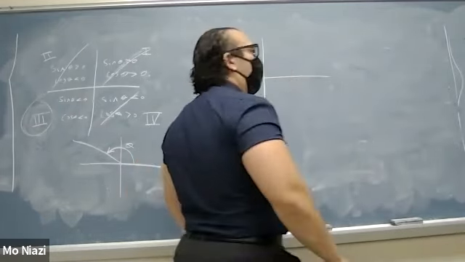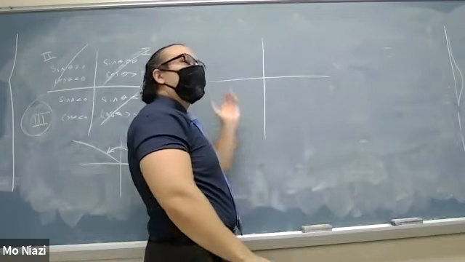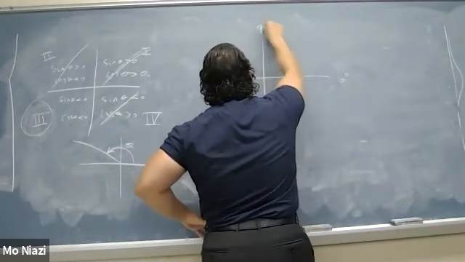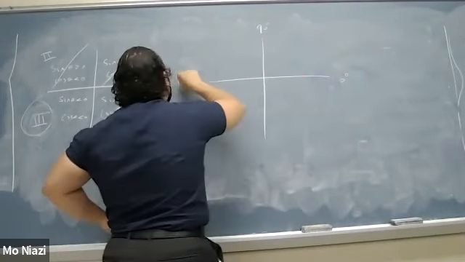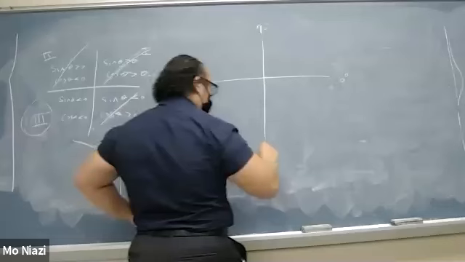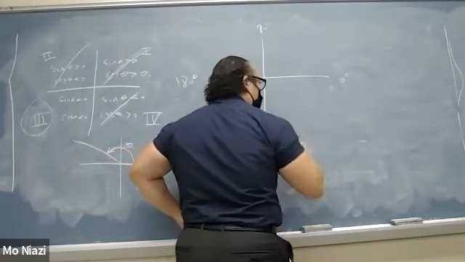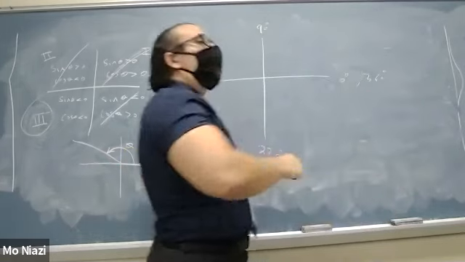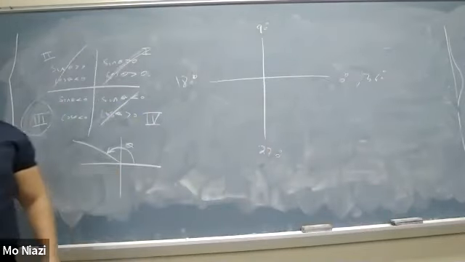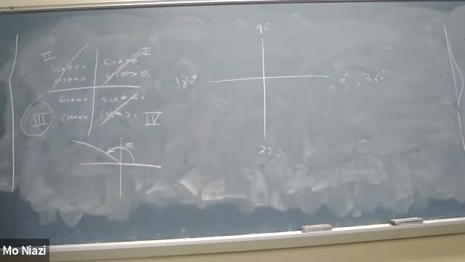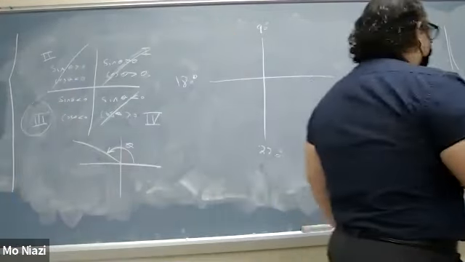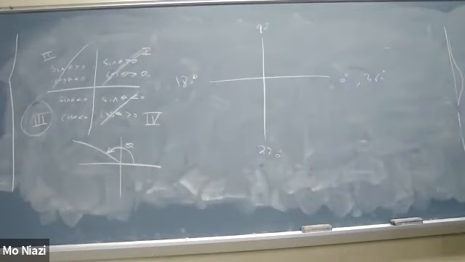The quadrantal angles are the ones that occur on the axes: 0 degrees, 90 degrees, 180 degrees, 270 degrees, 360 degrees, and so on and so forth. Why do we care about these angles? Well, some funny business occurs at these angles.